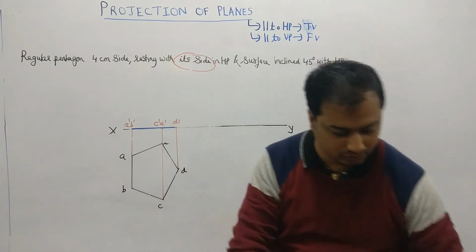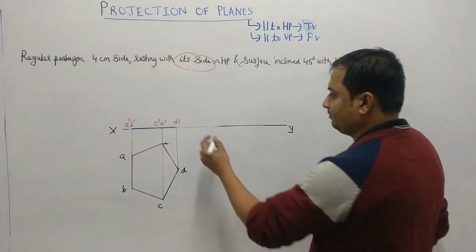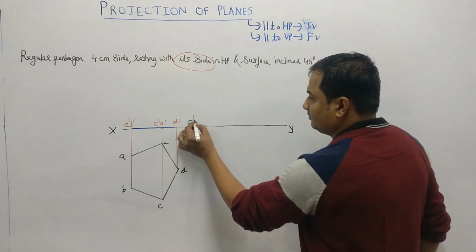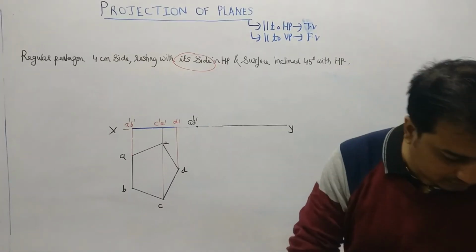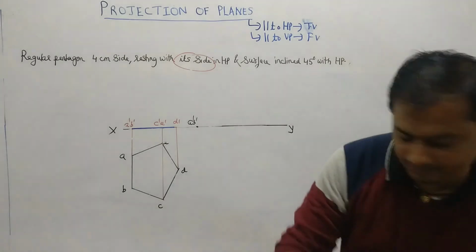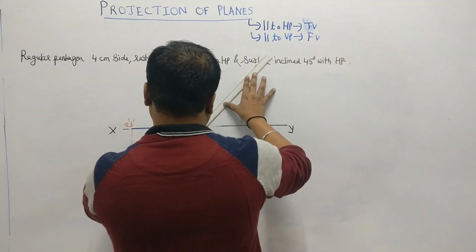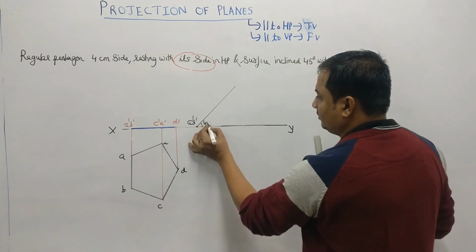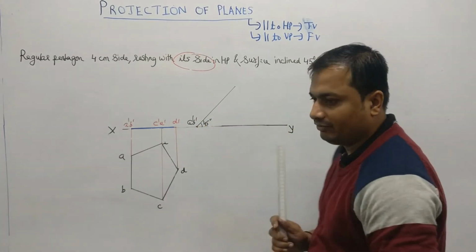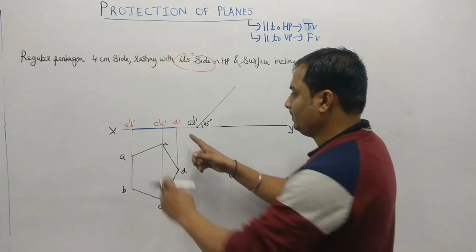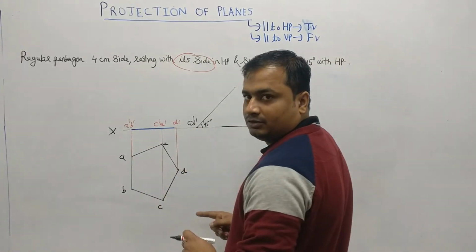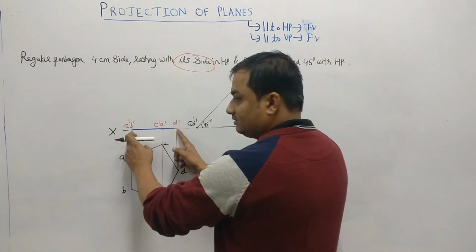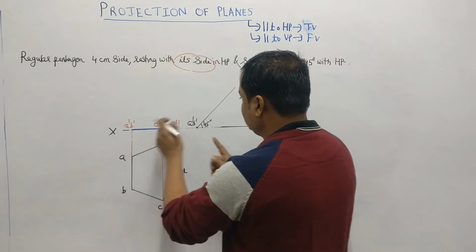Okay, so what I am going to do, take any point on the right, name it A dash, B dash. Now draw a line of 45 degree. This is 45 degree because theta is given 45 degree. Now as I have told you, the surface length is not going to change here. So just measure the data from here, measure this and cut it.